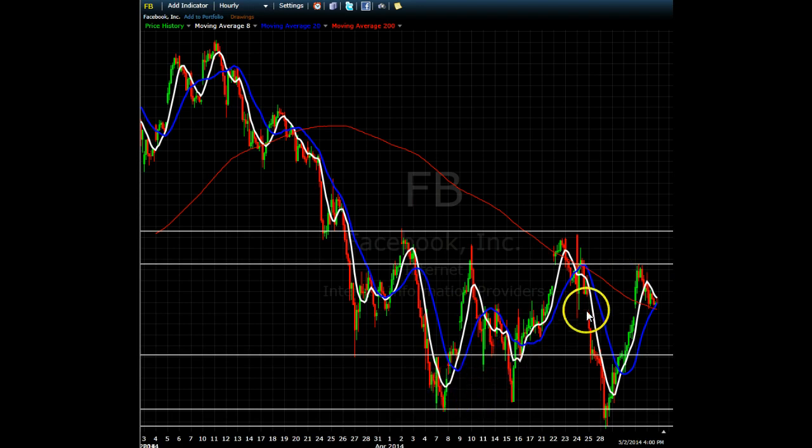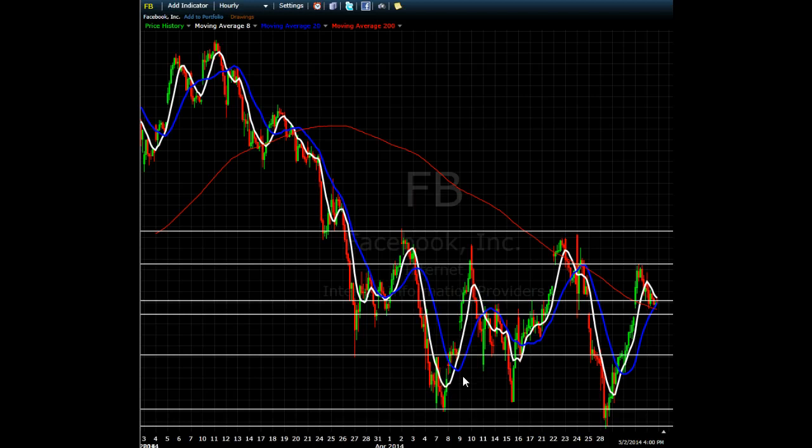And there, that's where we had that gap, so I think that's going to be an area of interest. This seemed to have some trouble getting through there, so I'm going to go ahead and put a line there. And I'm going to hit that low there. Okay, that looks pretty good.